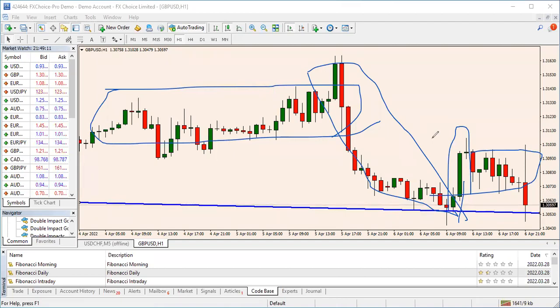They call them the metals. Are you getting it? And there are the indices. The indices are stuff like US 30, NAS 100, and there are so many of them. DAX, they are all indices.